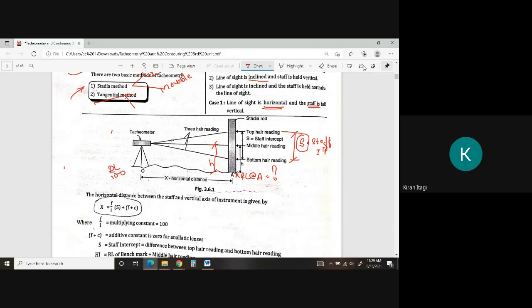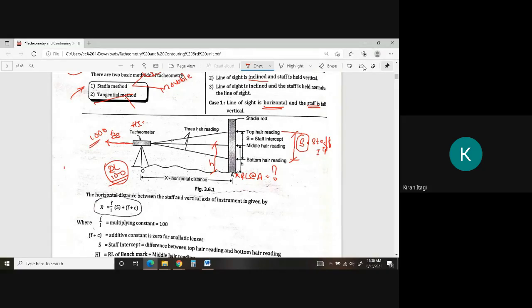Now say here the RL is 100. Here I have taken the back side, and I have got the reading as 1.00. Now can anyone tell what is the height of the instrument? Be fast. RL is 100, back side is 1.